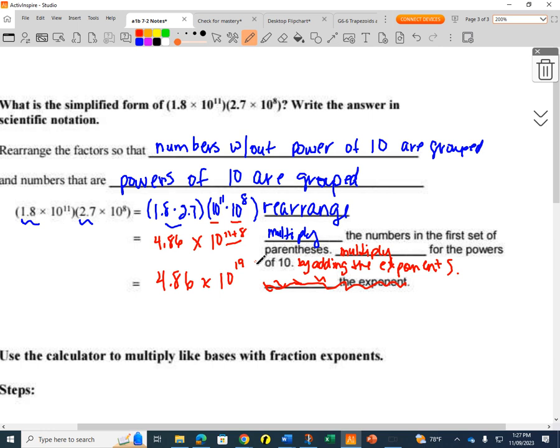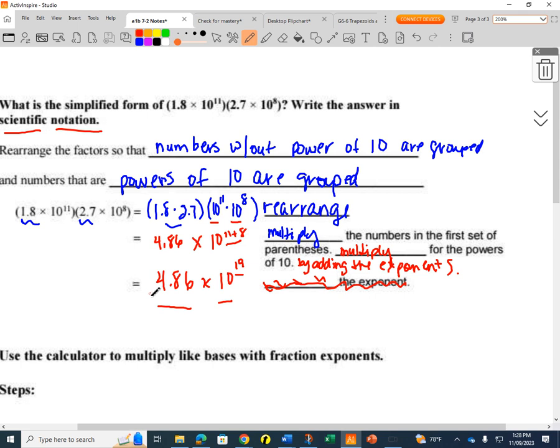So remember, it says to write it in scientific notation. So at the end, we are going to check to see if it's in scientific notation. In order for it to be in scientific notation, it has to be some number multiplied by 10 to some power. But this number, remember, has to be greater than or equal to 1 and less than 10.